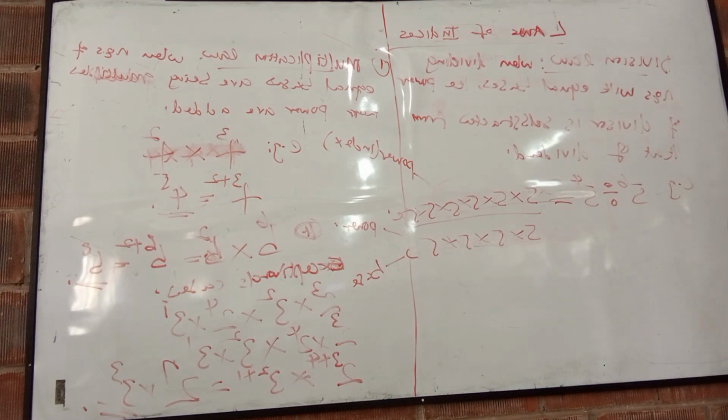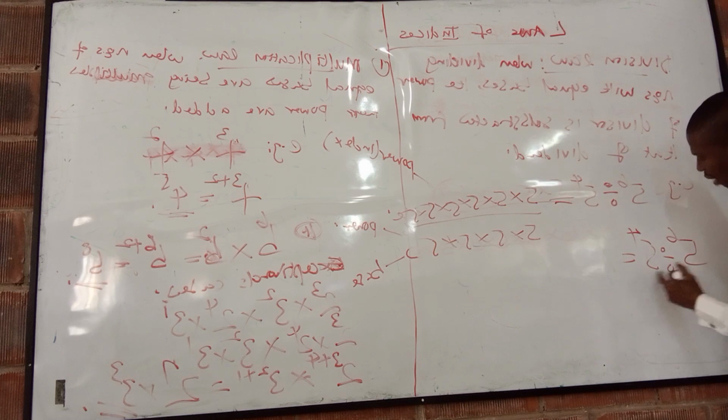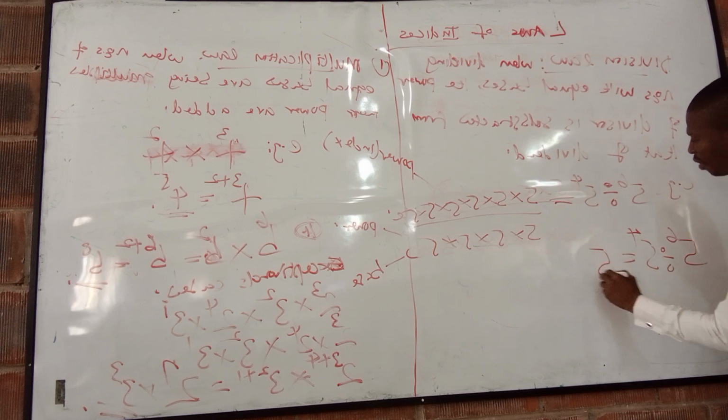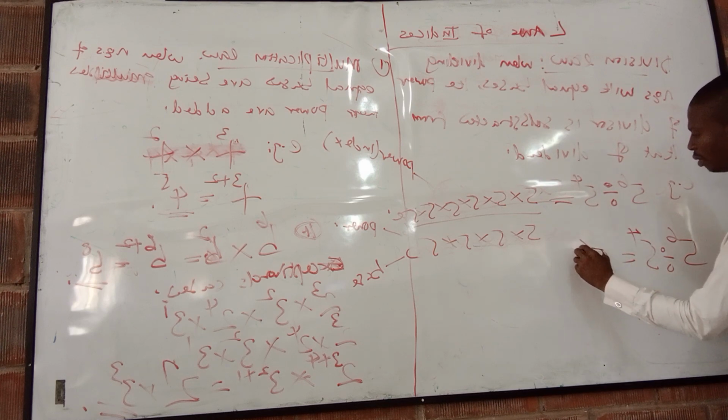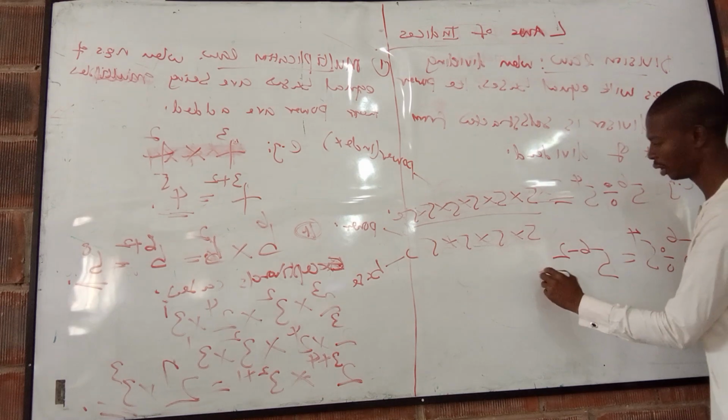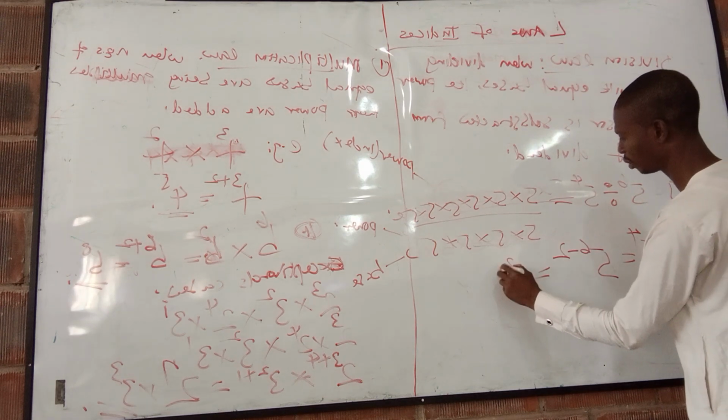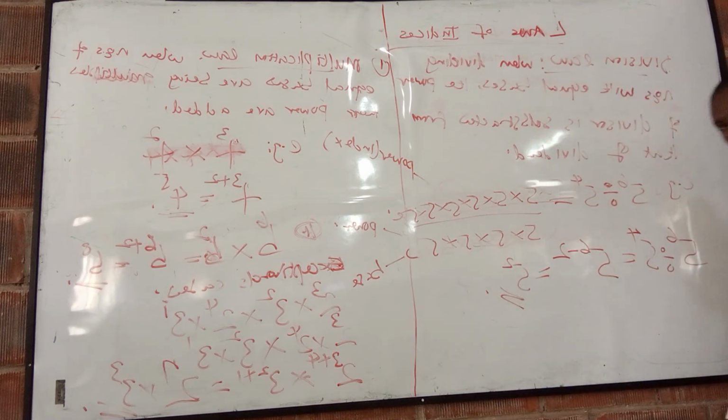And this can give us 5 raised to power 6 divided by 5 raised to power 4 equals, so far their bases are equal, I say 5 to the 6 minus 4 equals 5 squared. That is that.